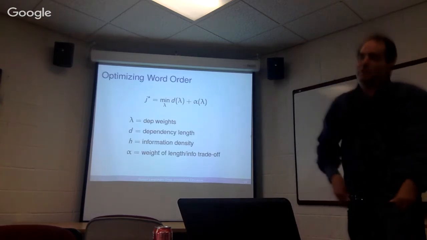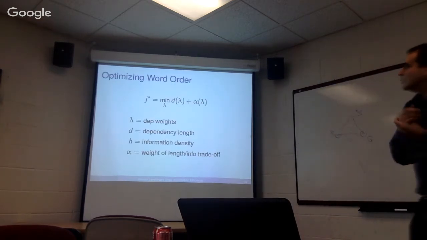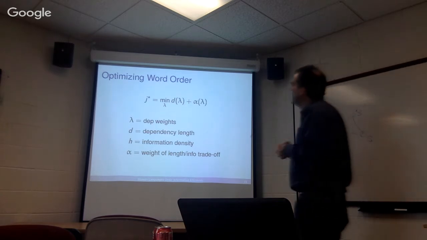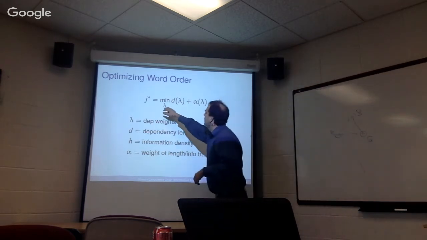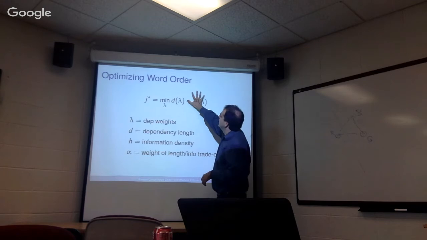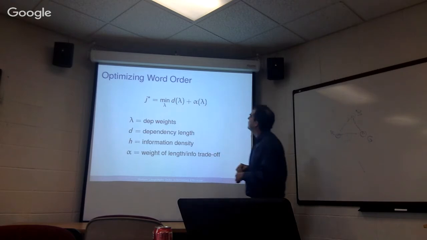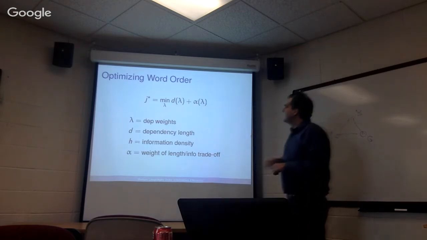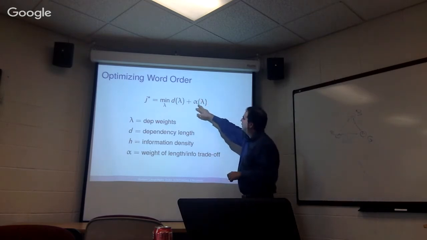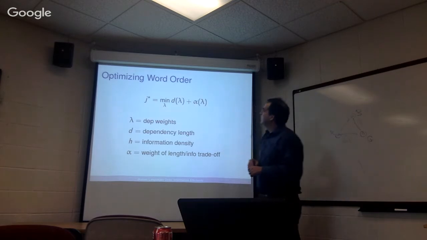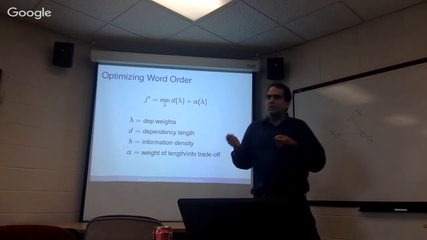Okay, so now we're going to do the optimization that we did before. So we're going to pick the weights. So before we were picking the weights and we were just looking at the dependency length, and now we're adding this term. This should be alpha times H of lambda. So this is the information density H of lambda, and we can vary the trade-off between those two factors.